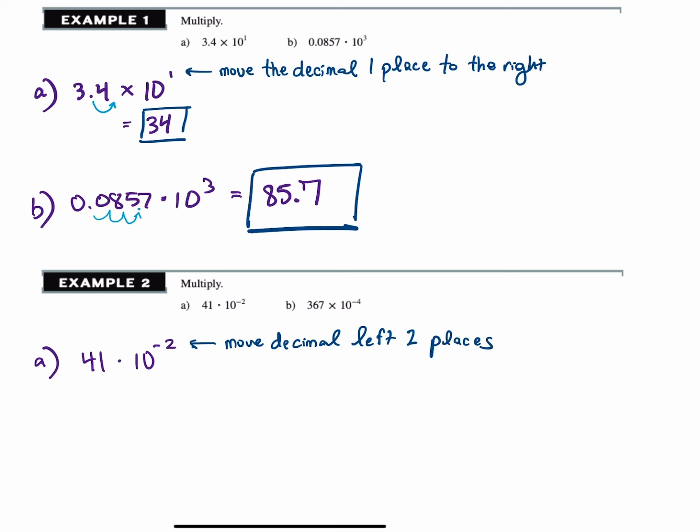There's no decimal present, but we can view this as 41.0. There's always a 0.0 if we have a whole number. So I'm going to take that decimal and move it left 2 places. That will be its new position. So this should be equal to 0.41.